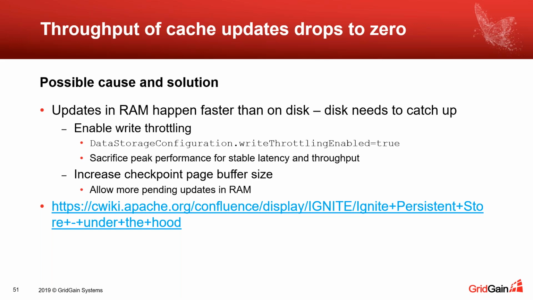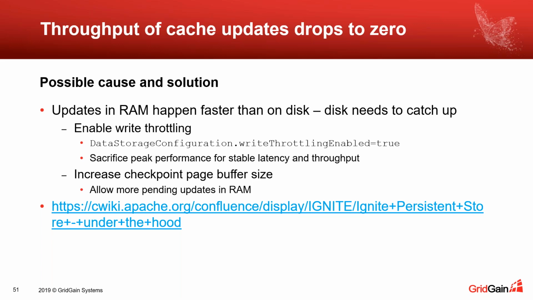But if you always write to the RAM with the full RAM speed, then the disk will not be able to catch up, and after some time, Ignite will have to block all of the new updates for the disk to synchronize and catch up with what has been updated in the RAM.